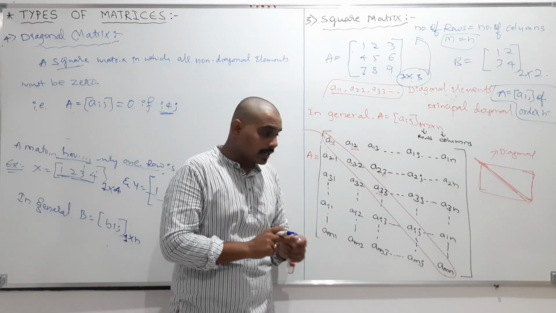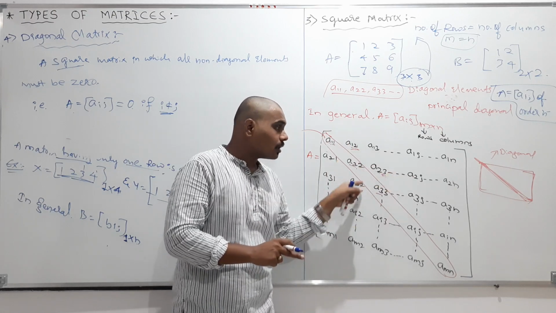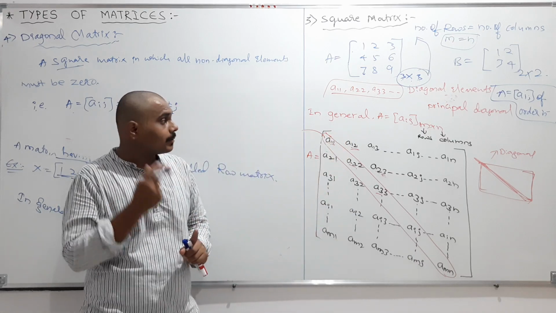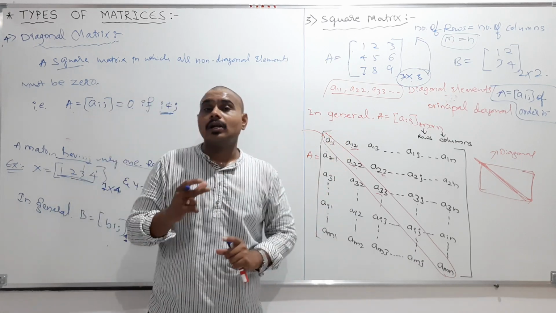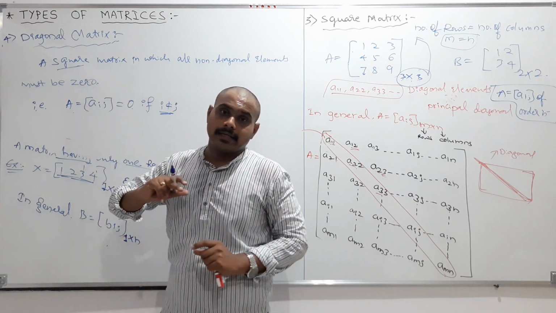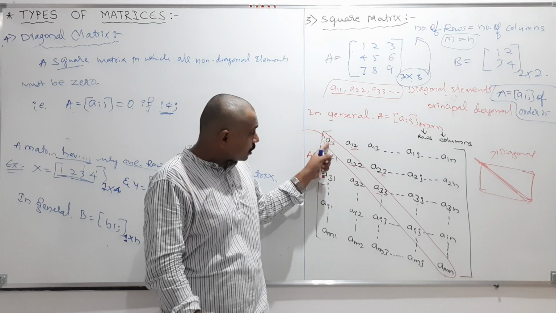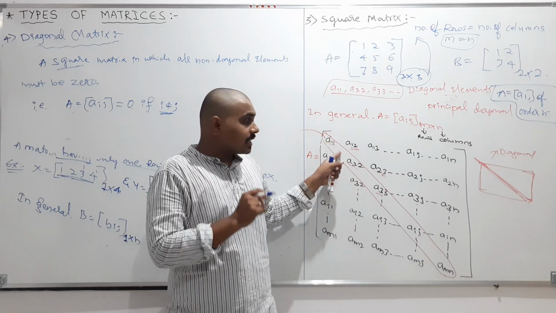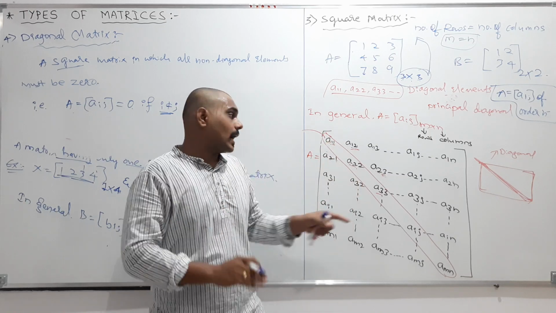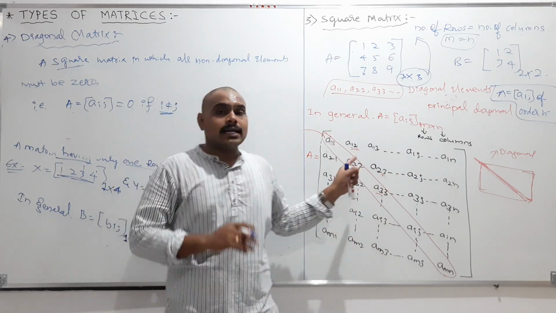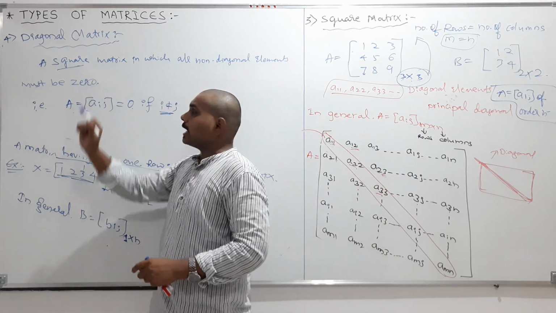If all non-diagonal elements of a square matrix are 0, then such a matrix we call a diagonal matrix. So don't bother about the diagonal elements. If the given matrix is a square matrix and the non-diagonal elements are 0, then you should conclude that yes, the given matrix is a diagonal matrix.